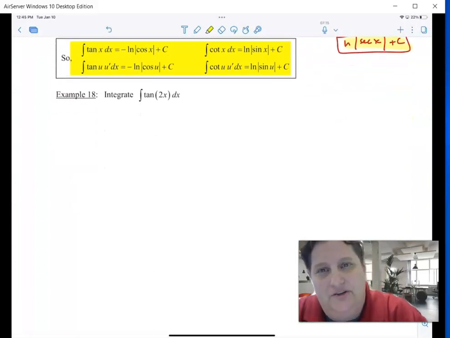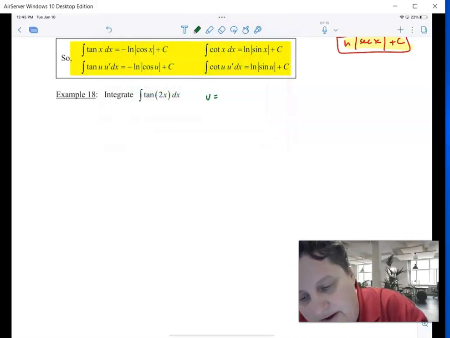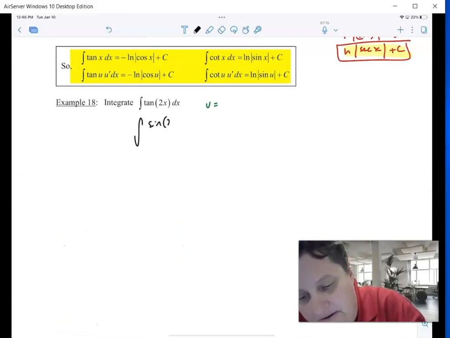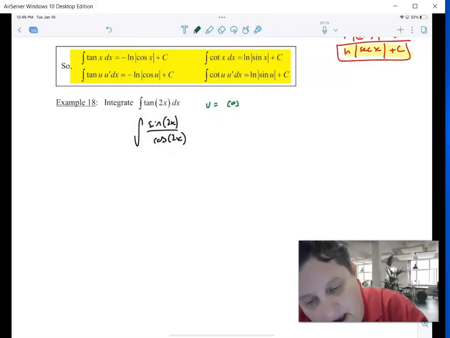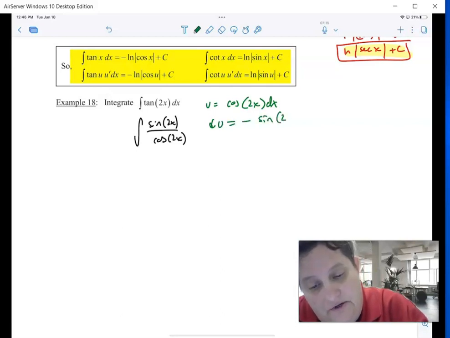So my last question, you guys, you know what? I would actually do this as u sub. Let's do it real quick. First, I'm going to rewrite this as sine over cosine. You guys, I'm not memorizing these. It's too hard to memorize, in my opinion. So I let the bottom be cosine 2x. So du, the derivative of cosine, is negative sine 2x times 2.